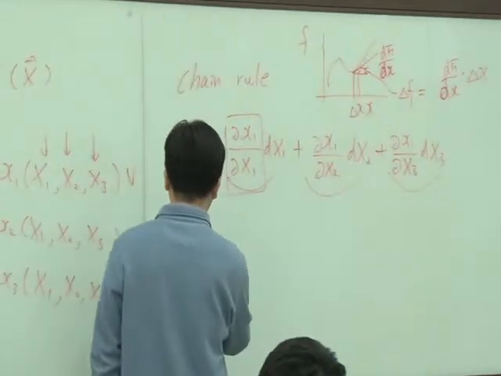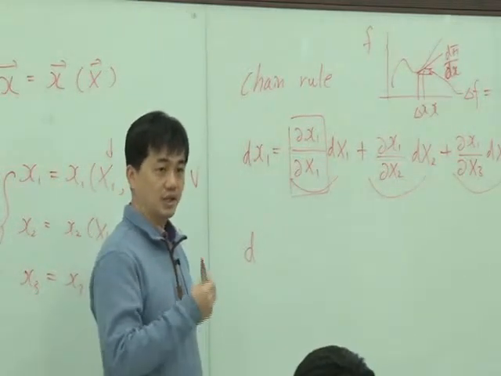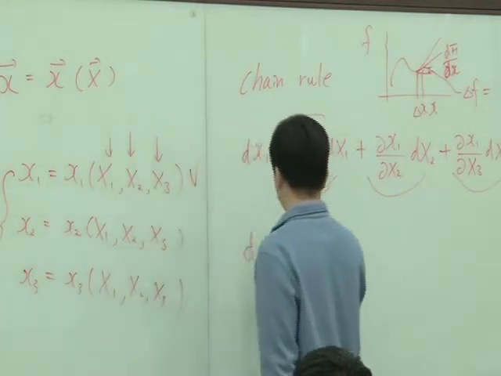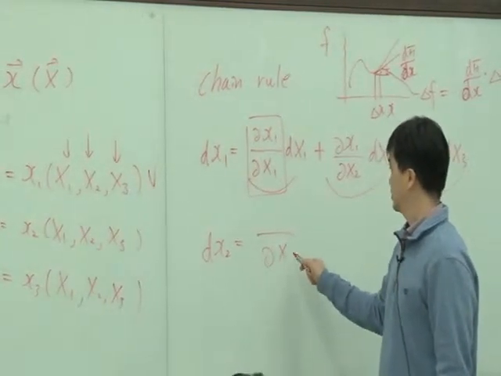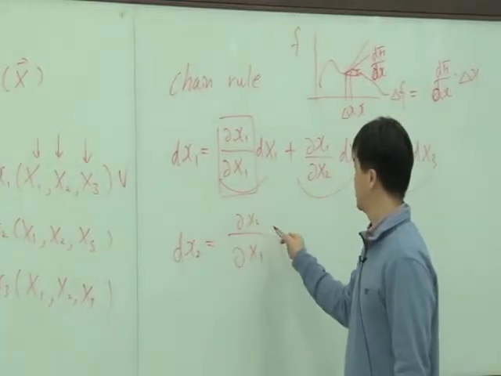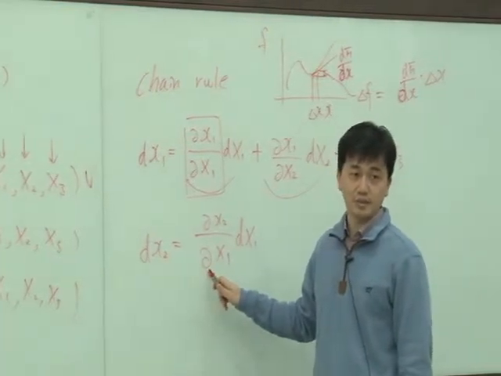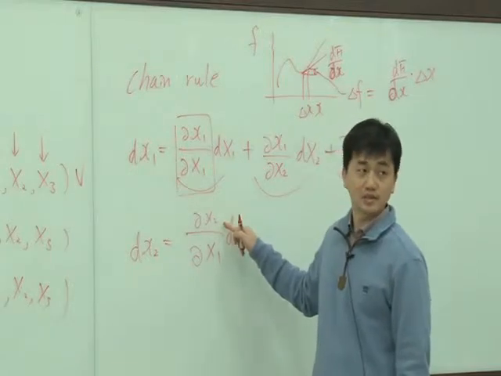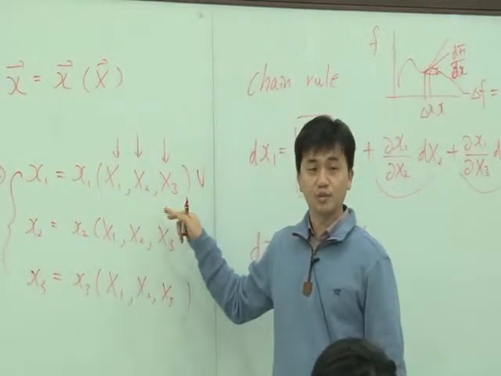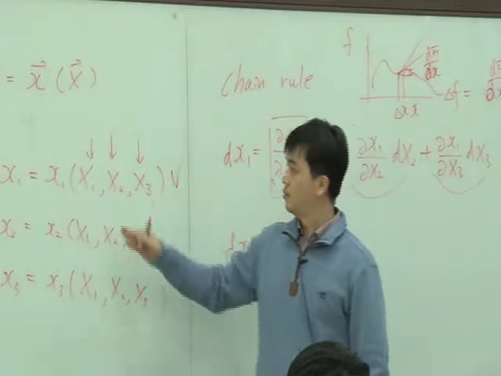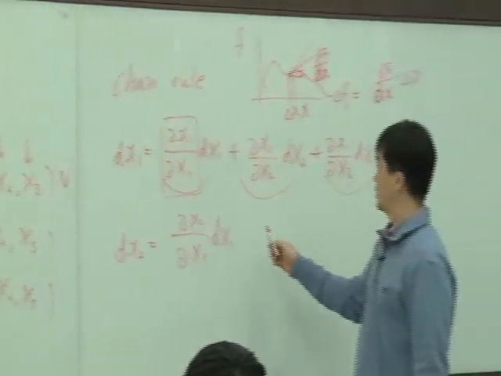Similarly, we can also calculate some small difference. You can think of this as a small increment in x2 equals partial x2 by partial X1 dX1. This means partial derivative, right? Because the function x2 is a function of big X1, big X2, big X3, so we can take the derivative with respect to X1, X2, X3 separately. So we need to use partials and plus.